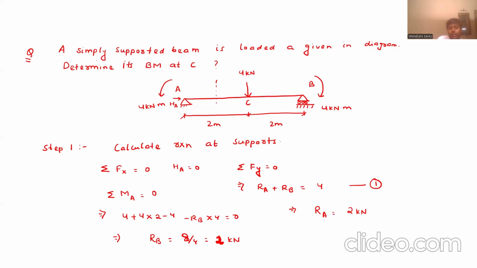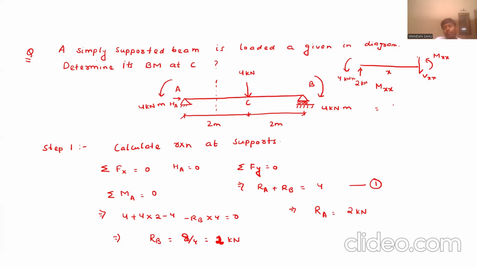So let us take this section 1 and write the equation for MXX. So MXX will be how much? This is X. This will be MXX.